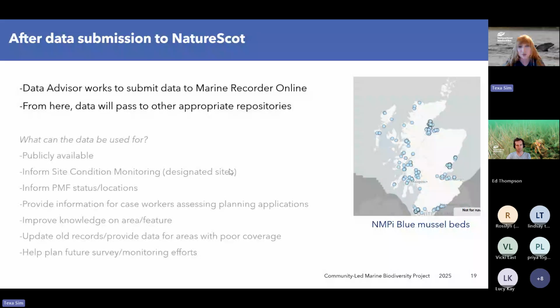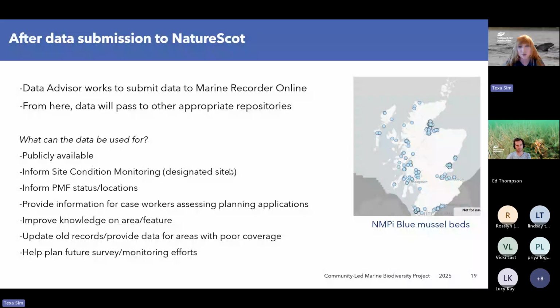Data can inform site condition monitoring, for designated sites for example, especially if it's an updated observation on the health of something. It can inform the priority marine feature status or the location. It can also provide information for caseworkers when they're assessing planning applications, and of course improve general knowledge on a feature or an area.